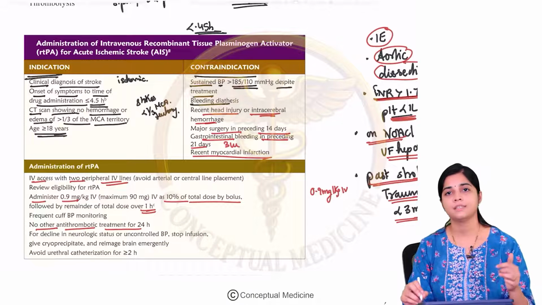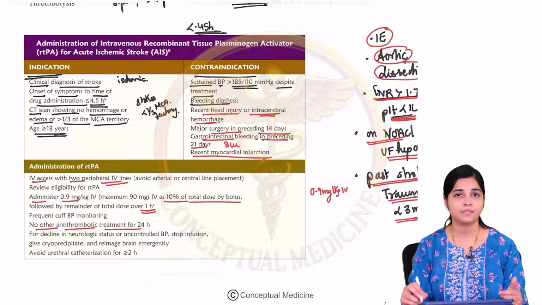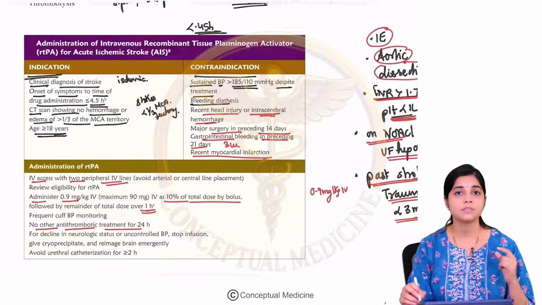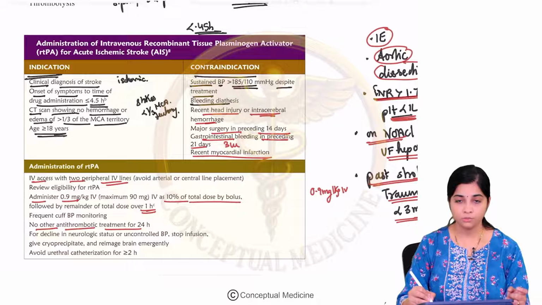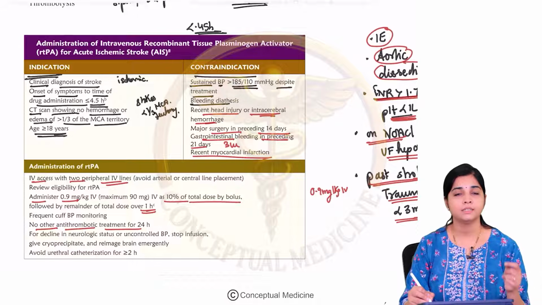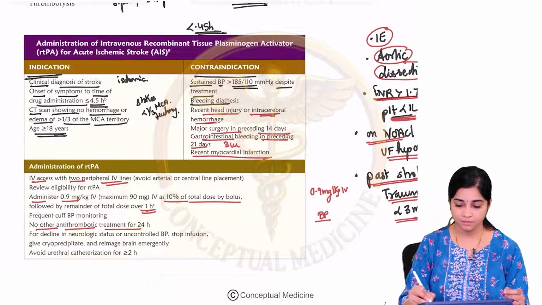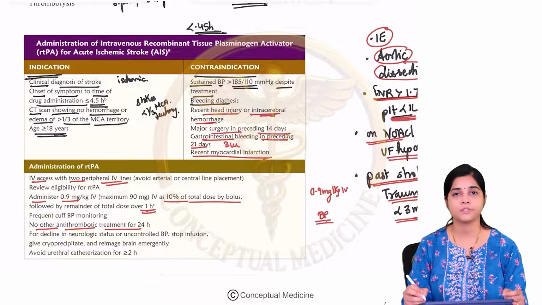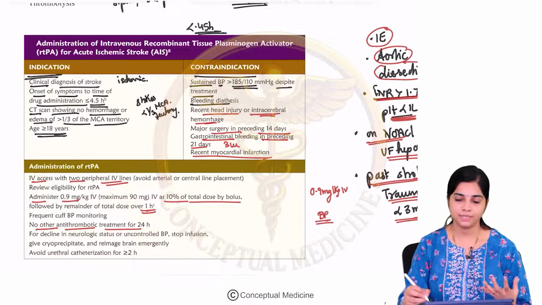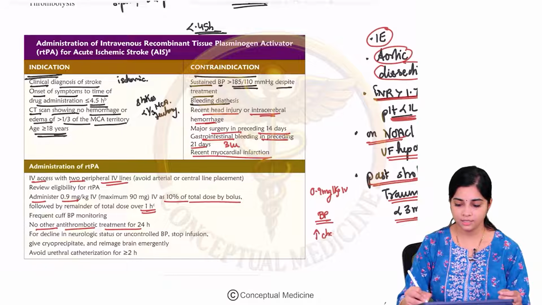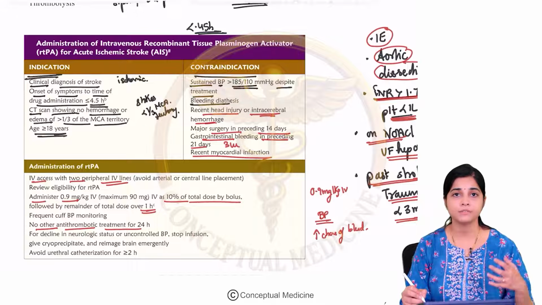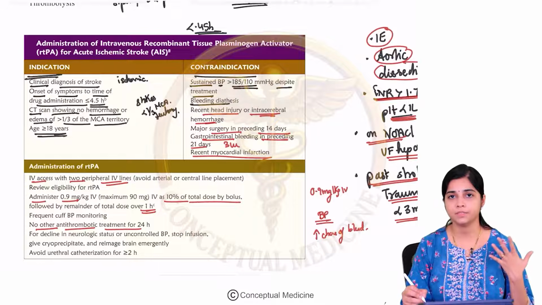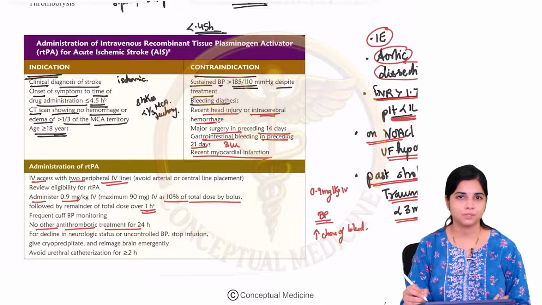Now, what are the things that you have to monitor whenever you give RTPA? Because this is a thrombolytic agent, you have to ensure that the patient's blood pressure is monitored carefully. Secondly, because this is a thrombolytic agent, there is an increased chance of bleeding into the cerebral cavity, right? So there is an increased chance of bleeding within the brain when you are attempting thrombolysis.